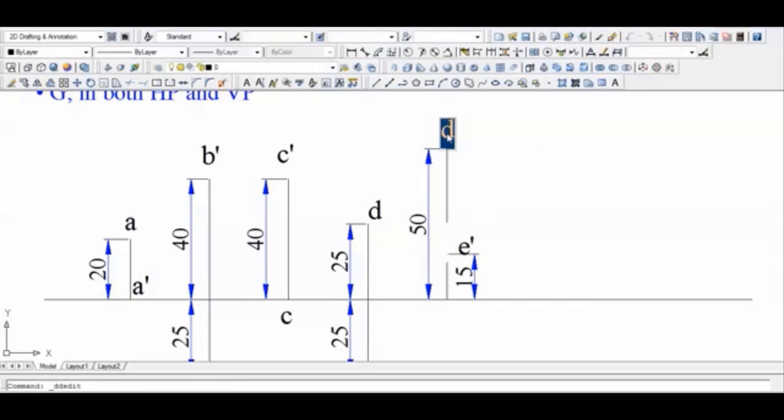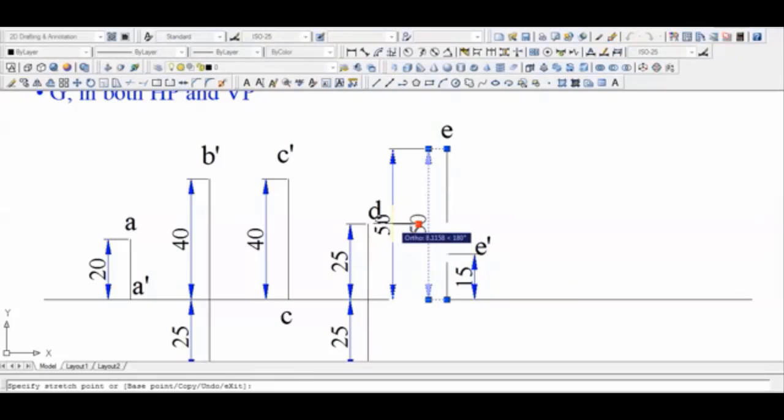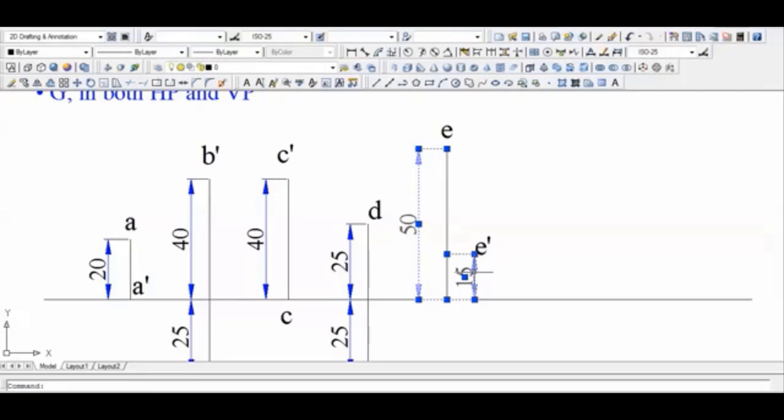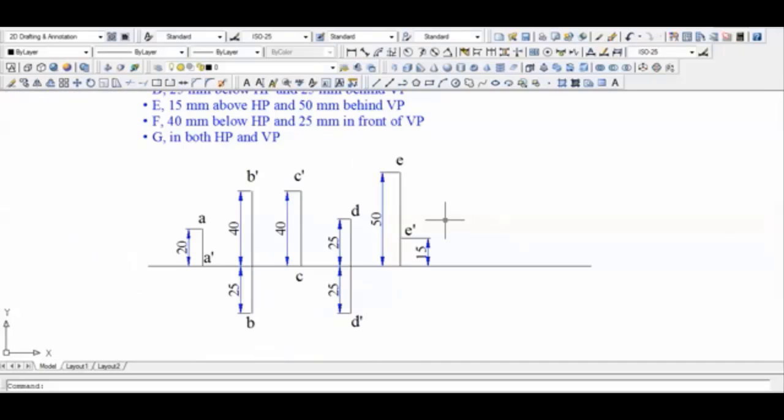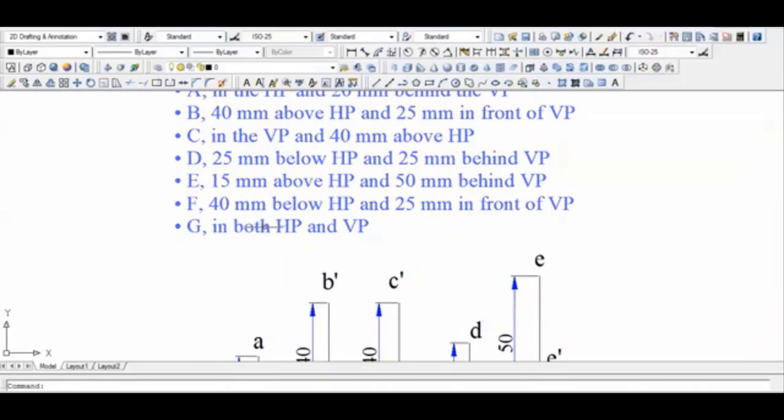This is going to be simply E. Alright, that's it. Now as far as point F is concerned, point F is 40 mm below HP. 40 mm below HP. Oh, let me think.